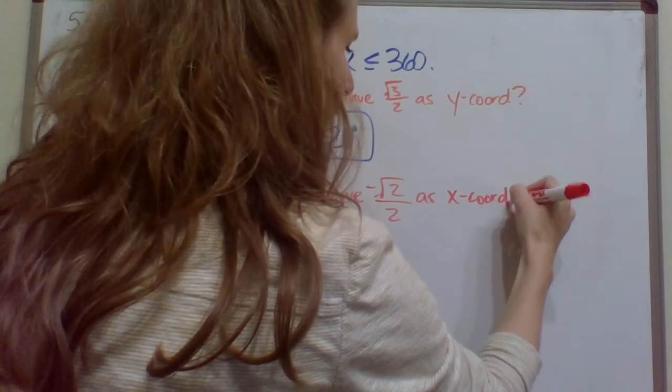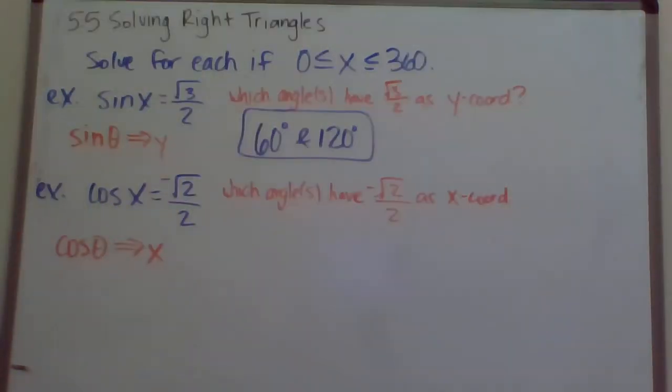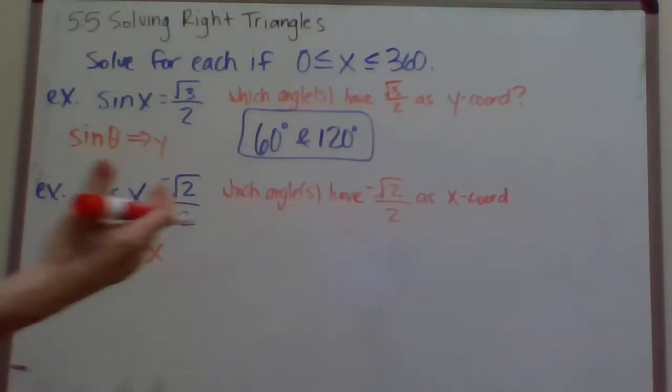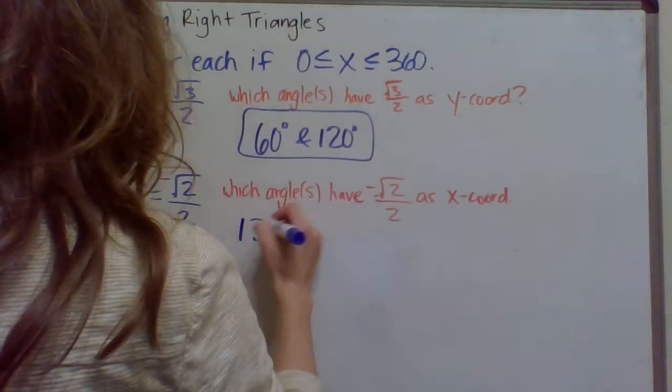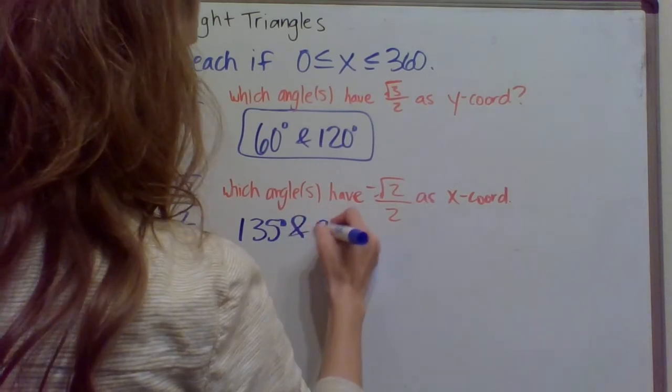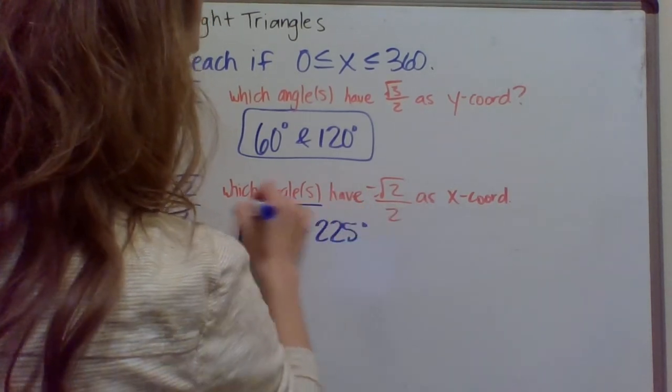And that negative is important because that means you cannot use the positive ones. So that's going to be to the left of the y-axis. You should see two angles that have negative square root of 2 over 2 as the x-coordinates, one of them being 135 degrees and the other being 225 degrees.